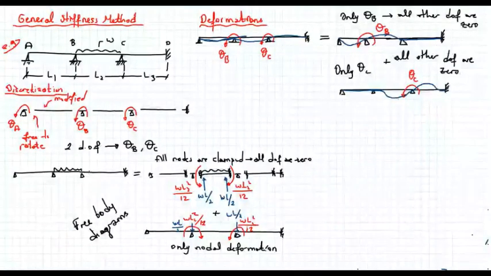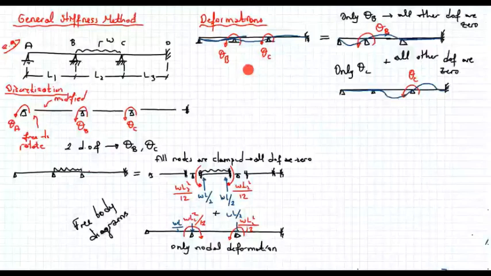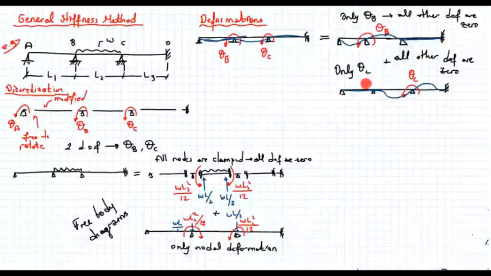Okay. So here we are assuming that when we have, this is the total deformation in the structure. We have theta b and theta c, and I'm doing a superposition. Again, I am saying that this deformation is equal to the combination of this one plus the combination of the second one.